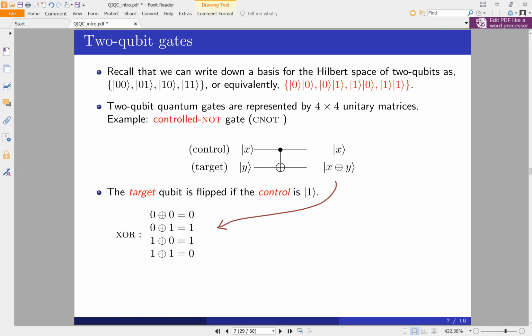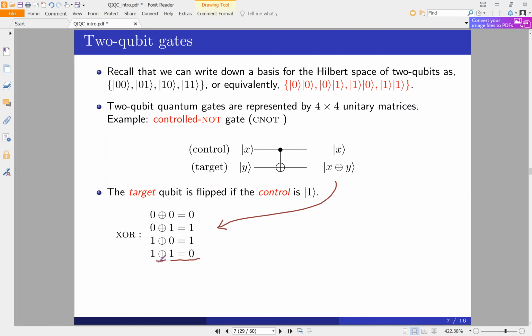Recall that the XOR classical gate has this kind of a truth table. It's basically addition modulo 2. So 0 XOR 0 is 0, 1 XOR 0 is 1, etc. But the key thing to remember is that 1 XOR 1 gives me 0 because it's addition modulo 2.